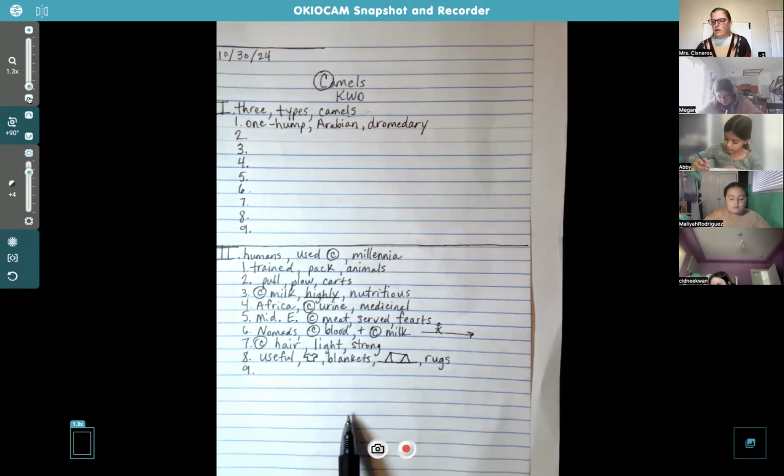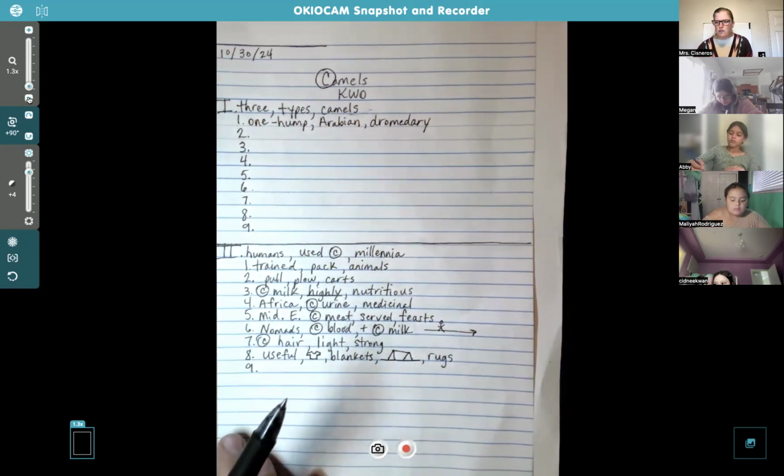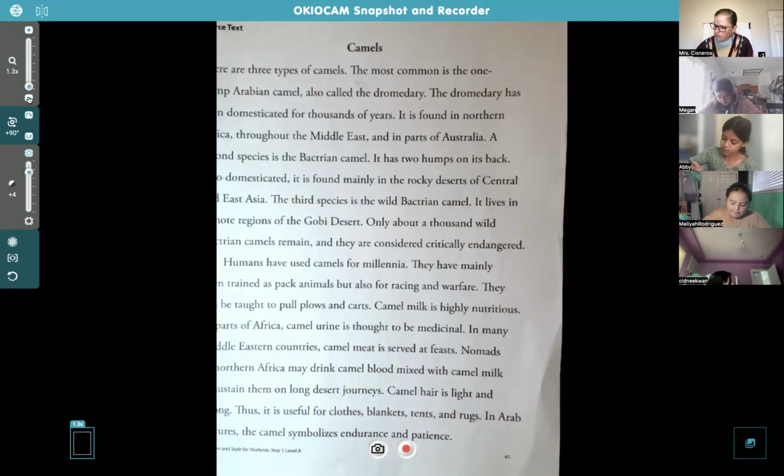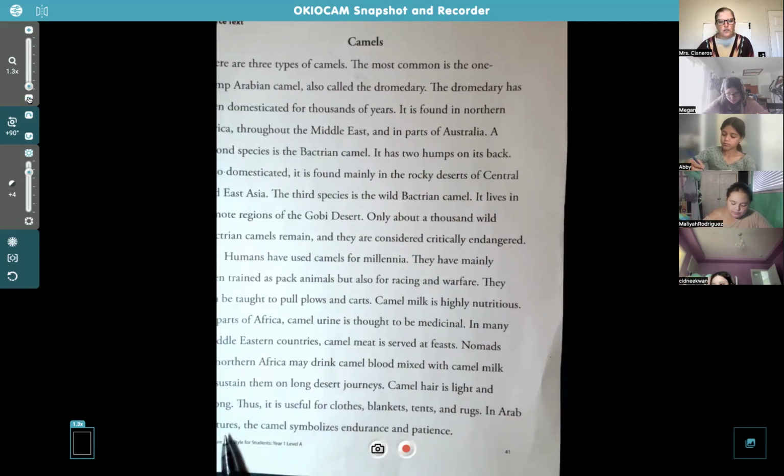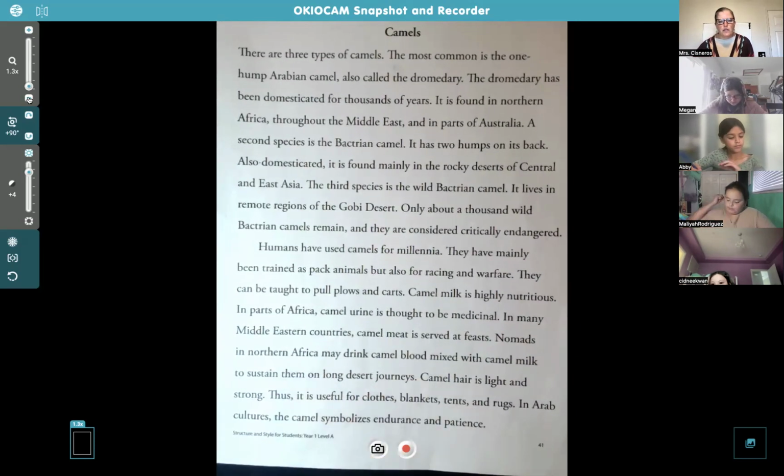And then we got one more, Malia, whenever you're ready. The last sentence says, in Arab cultures, the camel symbolizes endurance and patience. I have a hard one.